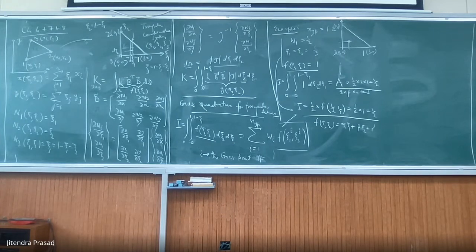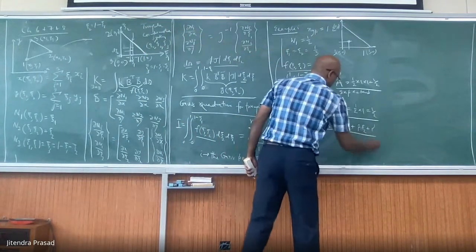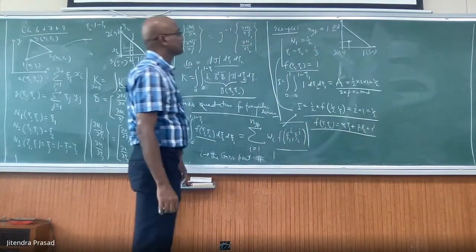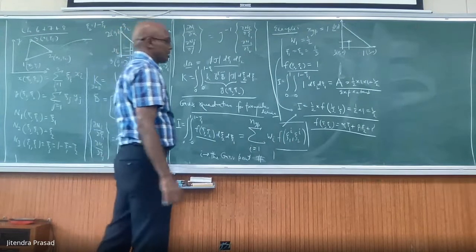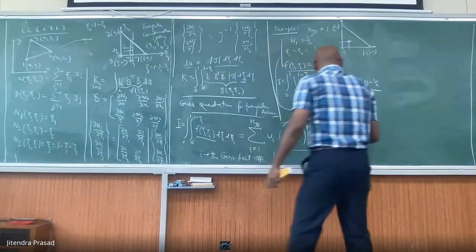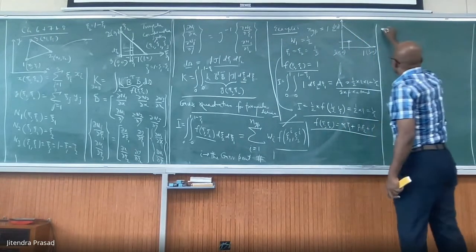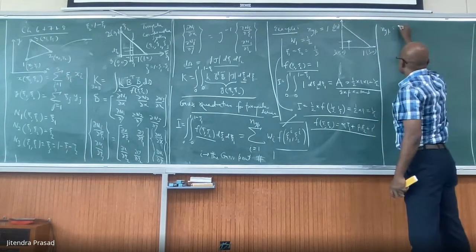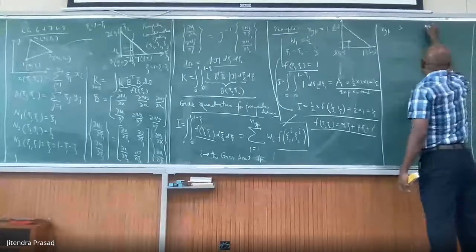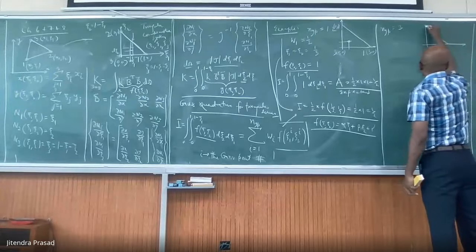You can use the chart basically. For NGP, number of Gauss points equal to 3, it will be something like this.